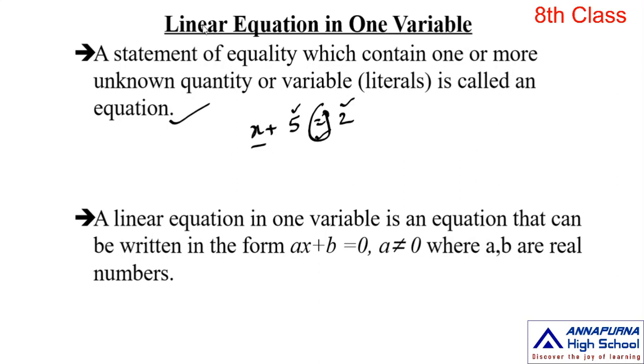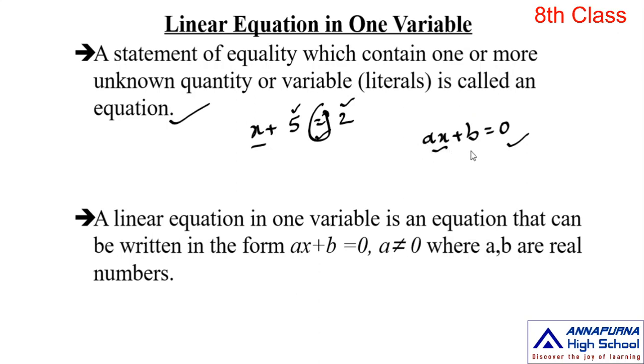In 7th class we already learned simple equations. Do you know the general form of simple equations? Here the general form of simple equations is ax plus b is equal to 0. When you observe, that simple equation has only two terms.